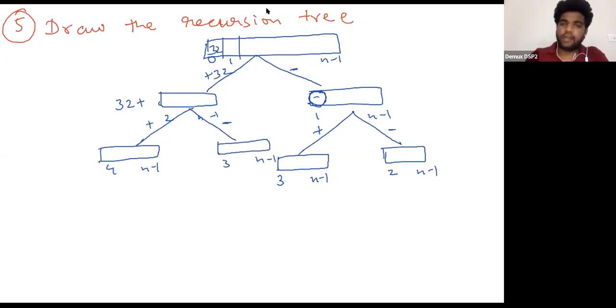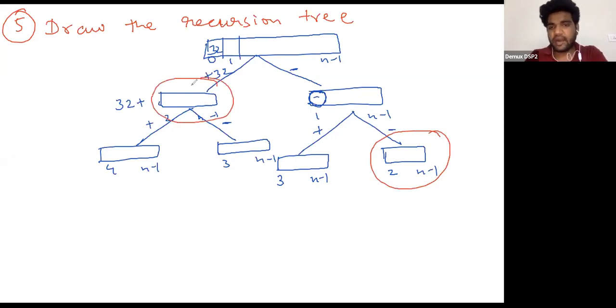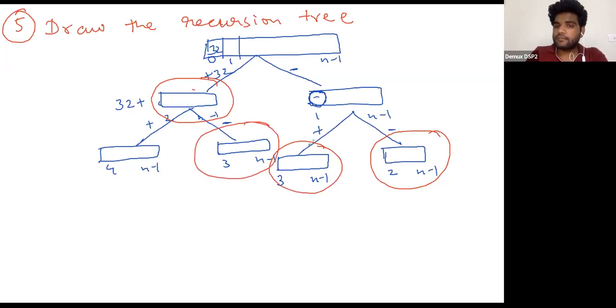So now, from here, if you see this and this, aren't they the same sub problem? Similarly, if you see this and this, aren't they the same sub problem? Right?